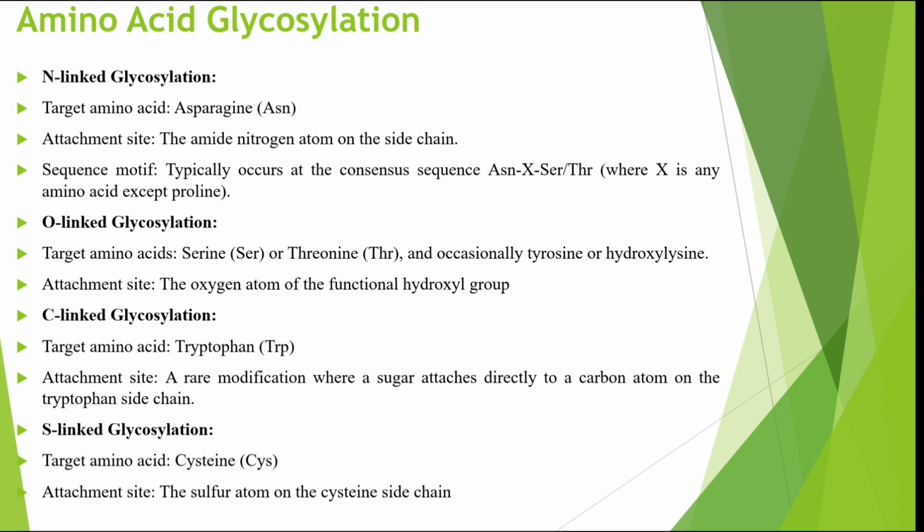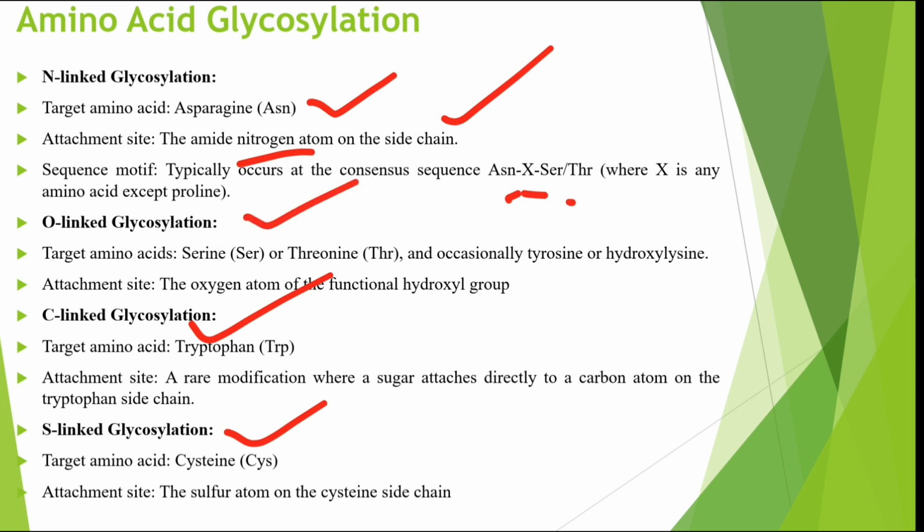Amino acid glycosylation can be N-linked, O-linked, C-linked or S-linked. N-linked glycosylation generally targets the amino acid asparagine, and the attachment site is the amide nitrogen atom on the side chain. It typically occurs at the consensus sequence asparagine-X, where X can be any amino acid except proline, serine or threonine. Then there is O-linked glycosylation.